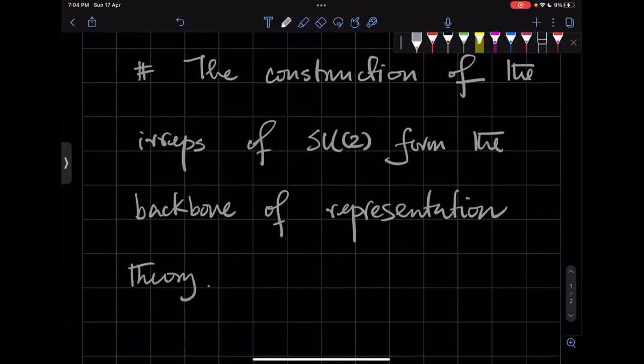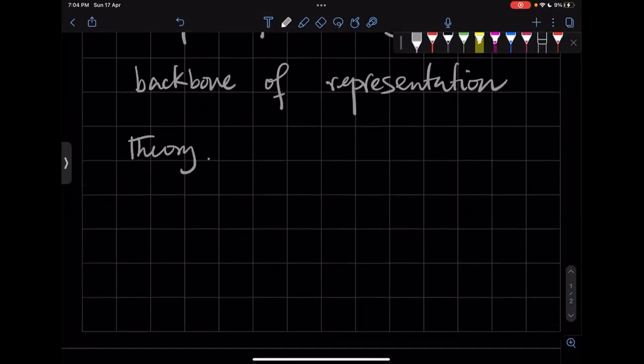So next week, we will do the representation of SU3, and that'll be the last topic that we cover. And you will see that the construction that we have about SU2 will actually form a very important part of that. Okay, so let's start with the Lie algebra of SU2.